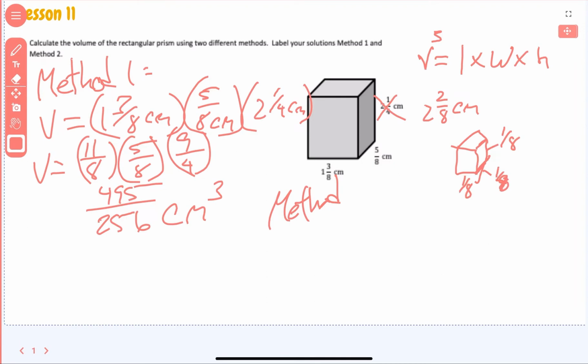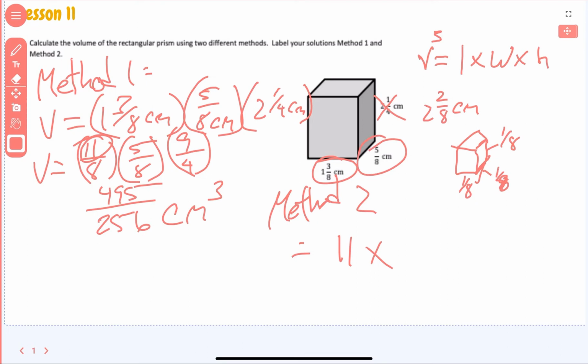Well, how many eighths is the 1 3/8, right? There's 11. See up here in the problem where we made it an improper fraction? It's an 11. So now method 2 here would be 11 times how many for this? 5, right?